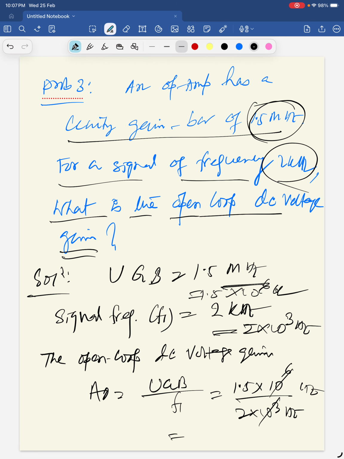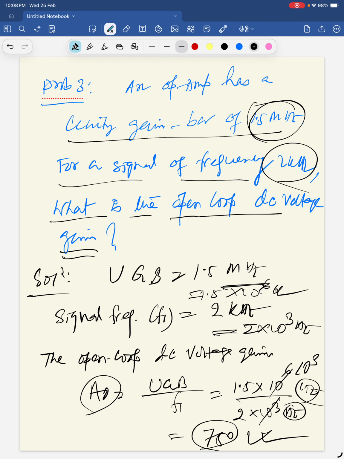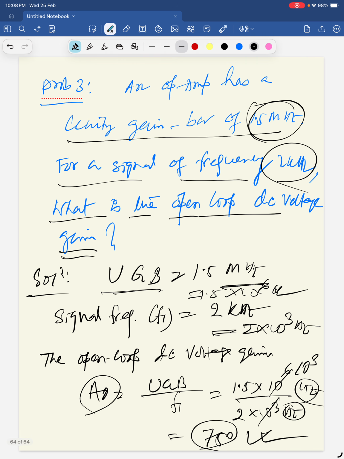The hertz cancel, and because gain is unitless, the answer is 750. Now, so unity gain bandwidth, open loop gain done. Now we will come for slew rate.